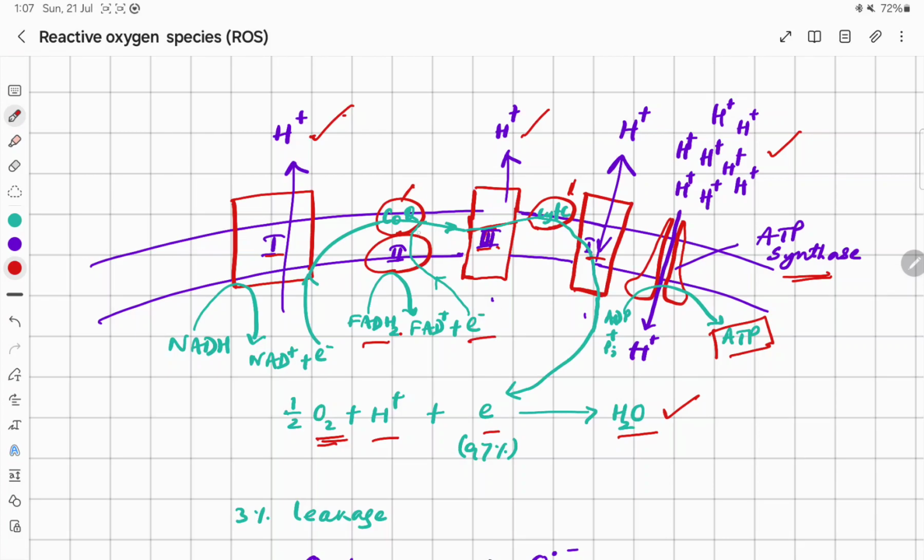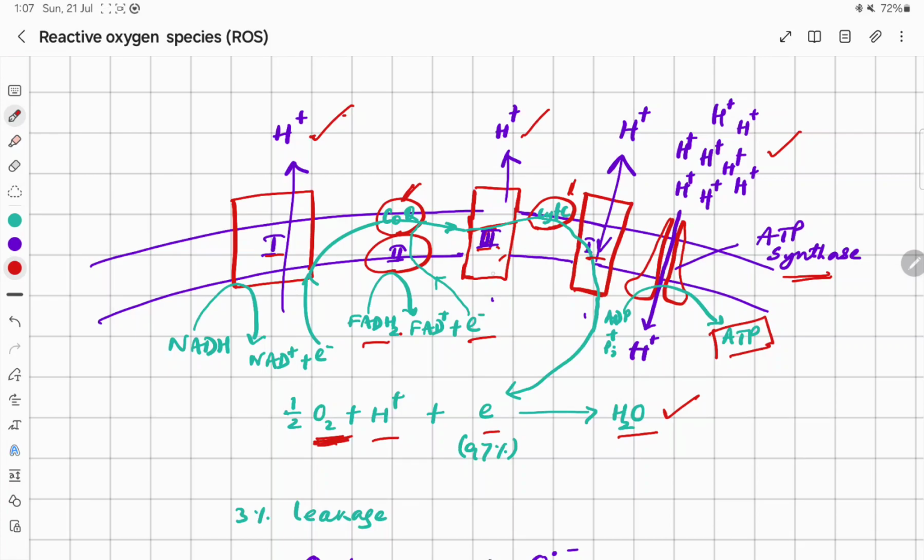Both complex 1 and complex 2 then provide the electron to coenzyme Q, which transfers it to complex 3, then to cytochrome C, then to complex 4, and finally that electron is accepted by oxygen.